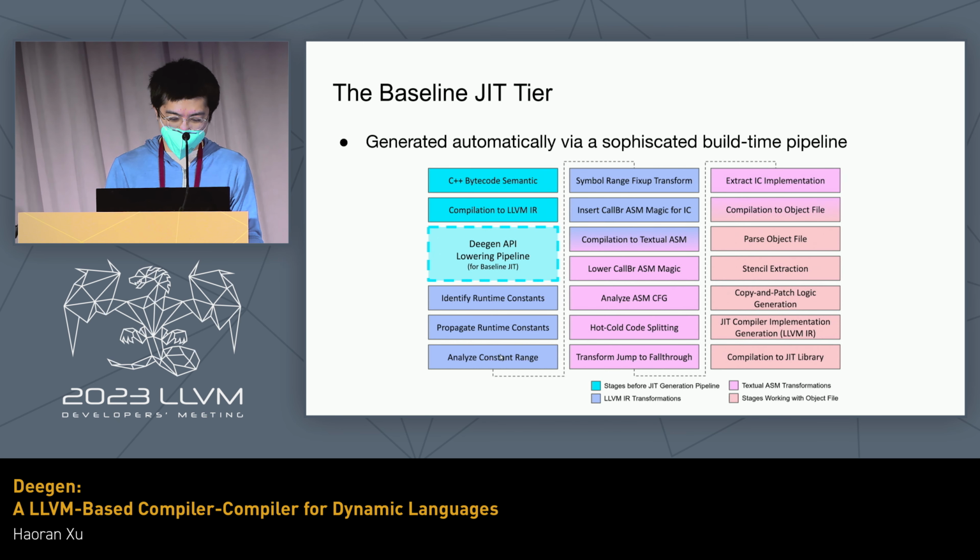And this and a few more extra passes are needed to handle all sorts of quirks about the constants. And inline caching is another important optimization for the JIT. I guess I don't have enough time to cover all the details, but I'll cover a little bit of it. Then the LLVM IR is compiled to textual ASM.